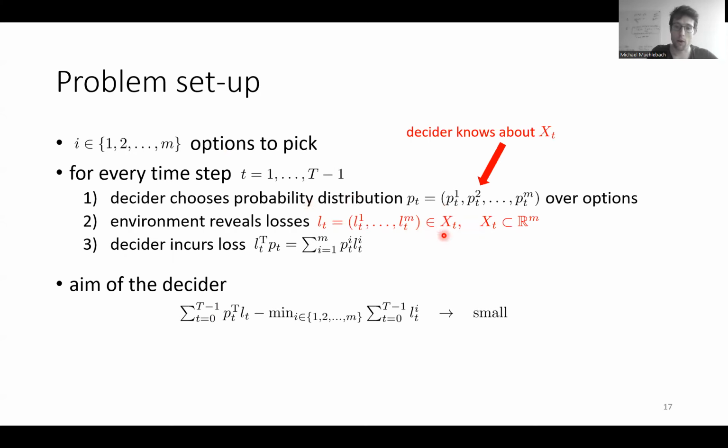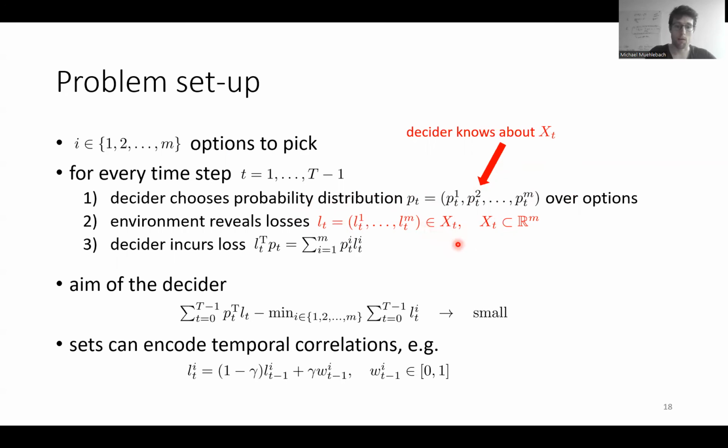I constrained the losses of the environment to be in this set X_t, which is a subset of R^m. And the decider, so if you choose this probability distribution p_t, you know about the set X_t. Everything else remains unchanged. But now the question is, how can you exploit this additional knowledge of the set X_t?